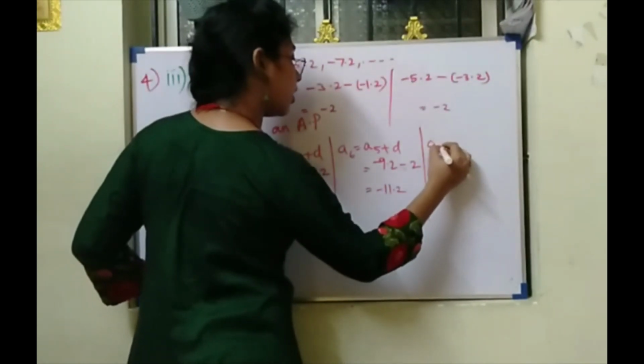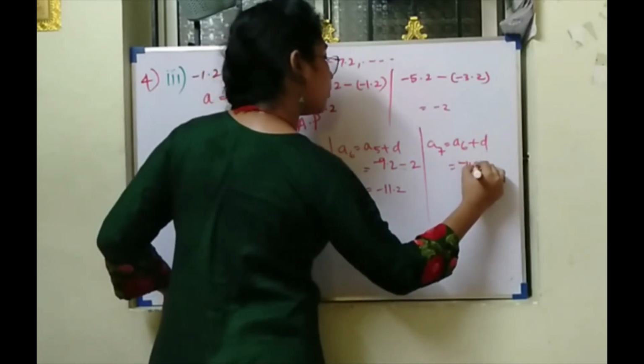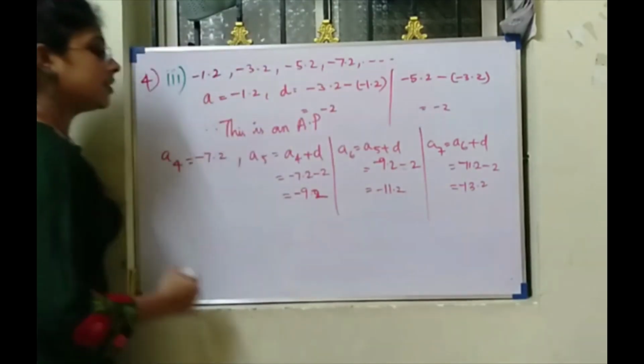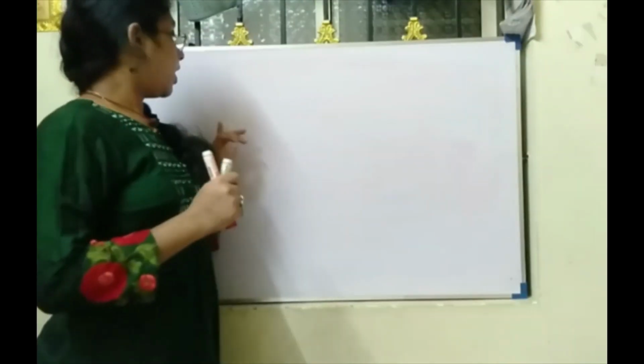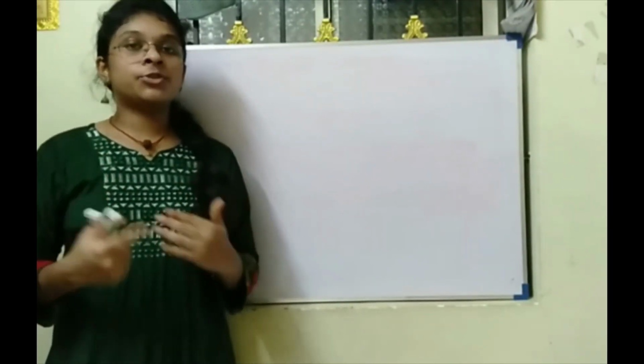The last term will be A6 plus D, which is minus 11.2 minus 2, equal to minus 13.2. So these are the extra three terms they have asked us to find. I have done 4 subdivisions of this fourth sum, so you can do the other sums as your practice.